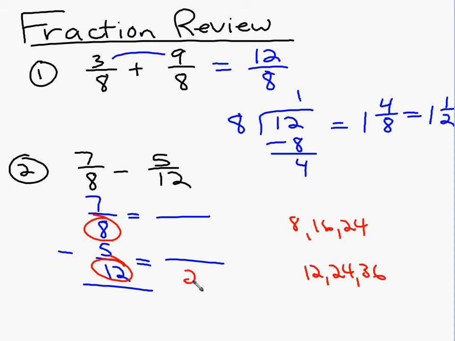So the least common denominator, which is the one we always like to work with, is 24. And then I multiply across, and I ask, what do I multiply 8 by to get 24? It's 3. So I multiply the 7 by 3 as well, and I get 21. On the bottom, I ask, what do I multiply 12 by to get 24? It's 2. So 5 times 2 is 10.